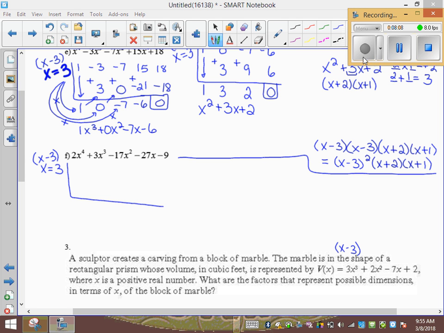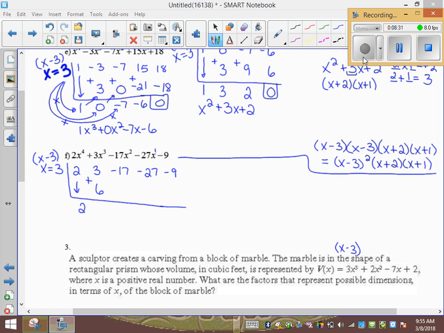Then we ask, can we count down? 4, 3, 2, 1, 0. Can we count down? Yeah, so we don't need any zeros. 2, 3, negative 17, negative 27, negative 9. Drop the 2. 2 times 3 is 6.